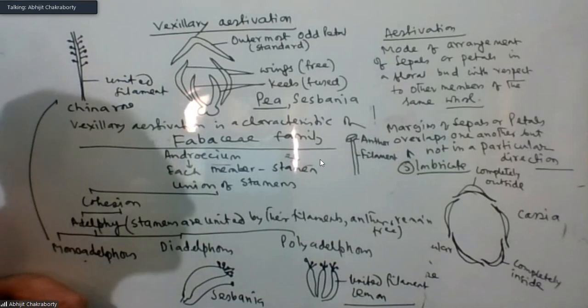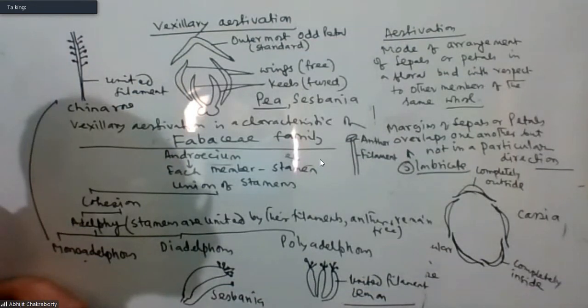Adelphi means where stamens are united by their filaments, but anthers remain free. When filaments are united to form one bundle, monoadelphous, found in China rose. Two bundles, diadelphous, Sesbania. More than two bundles, polyadelphous, lemon. Is it clear to you?